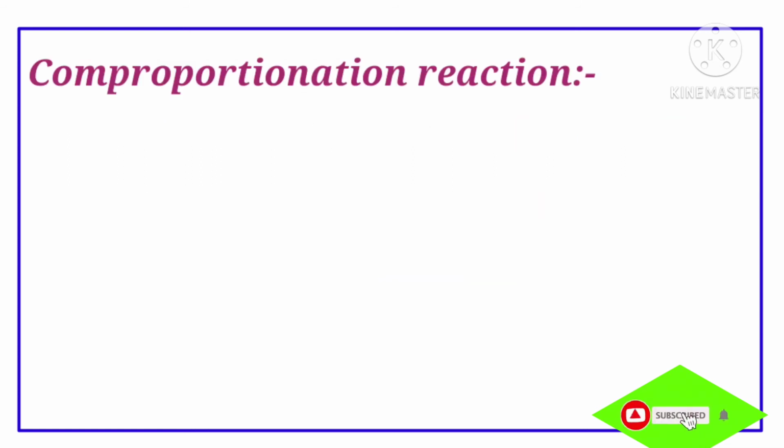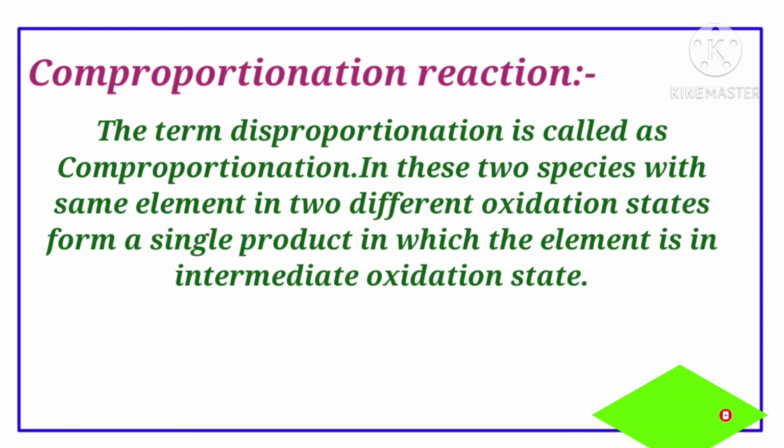And the next one is, what are comproportionation reactions? Let us give an example. The term comproportionation reaction means it is the reverse of a disproportionation reaction. That means it is the opposite of disproportionation.